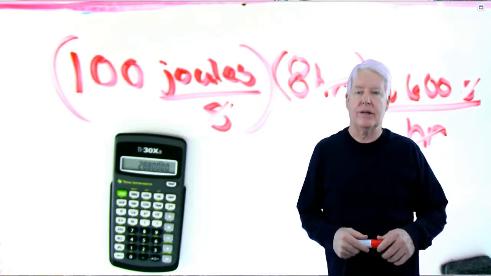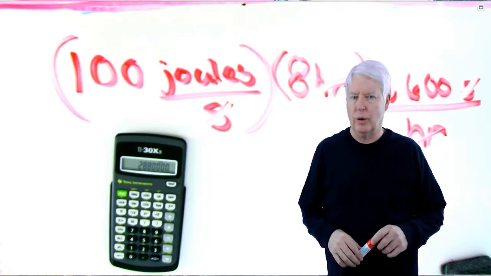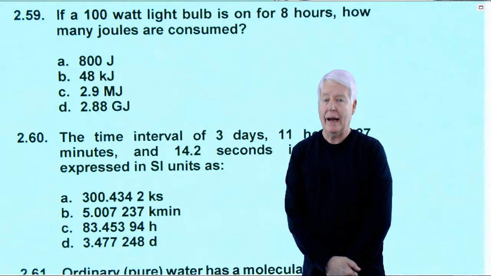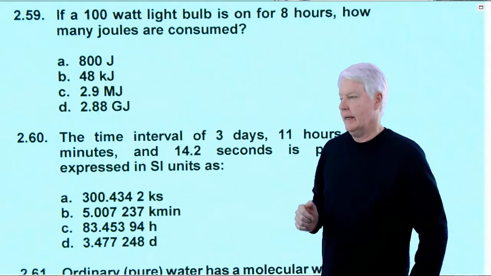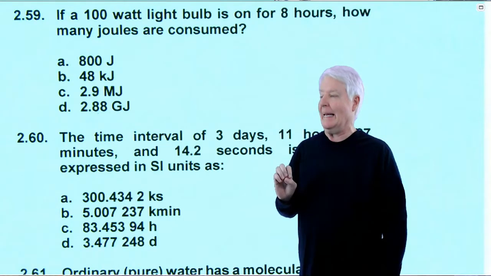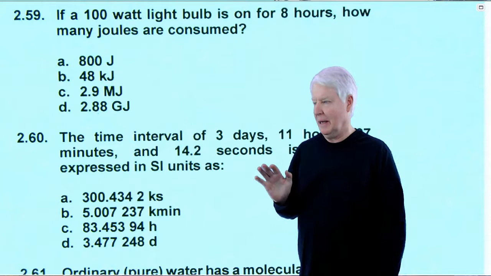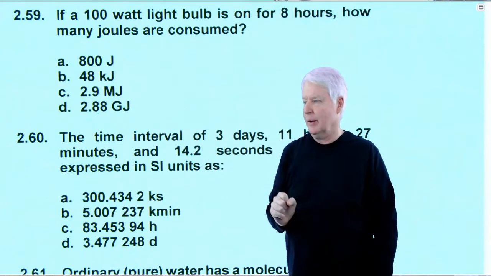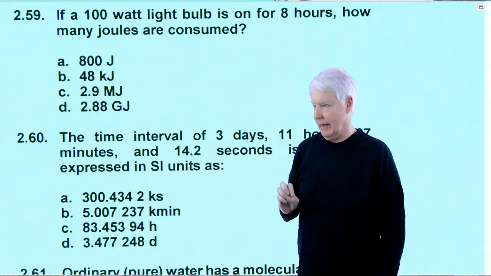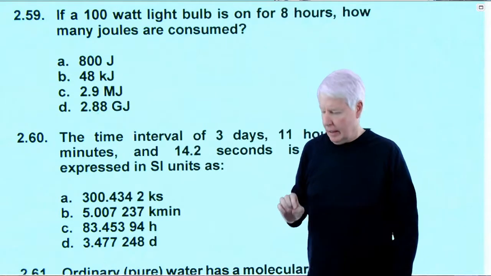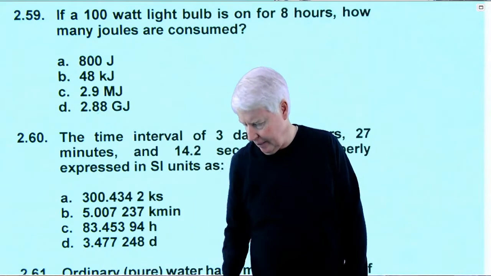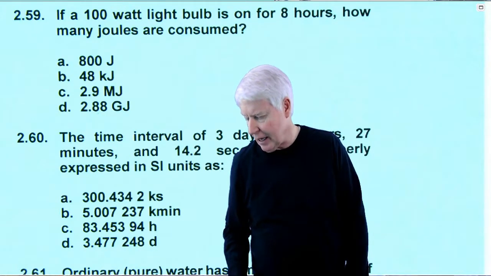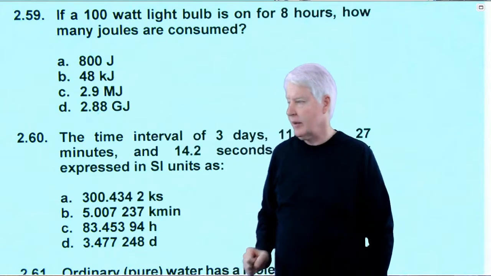So let's go back to the blue page and see if that's one of the options. All right, here we are back at the blue pages, and remember it was 2.88 something. So either it's going to be one of these two. We just have to pick the right units, mega, or I think uppercase G is giga. I'm sorry, uppercase G is giga, yes.